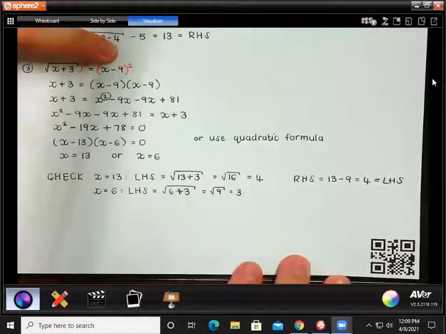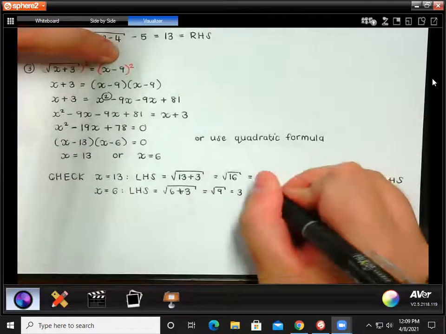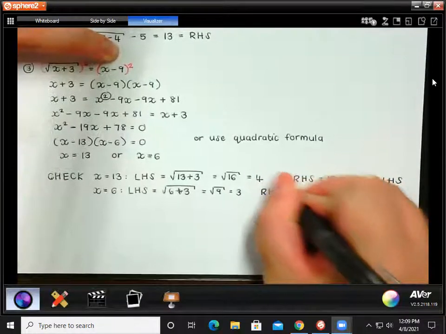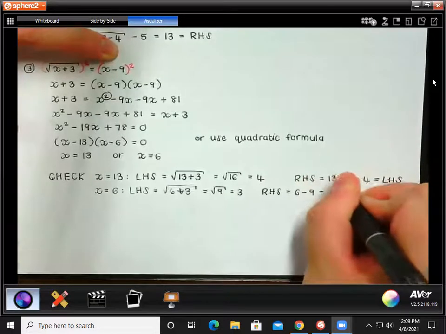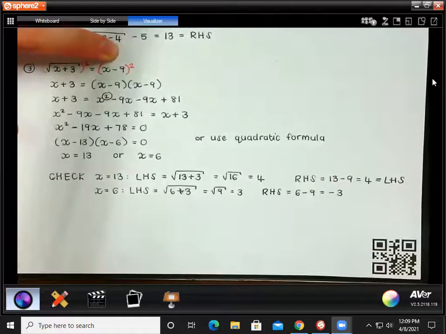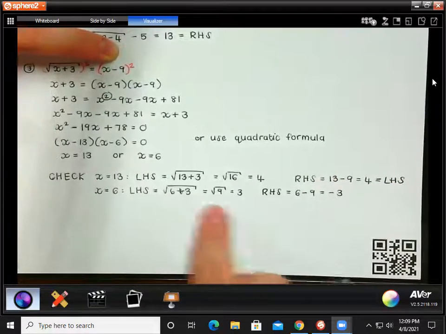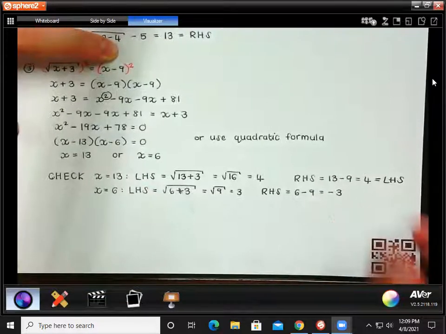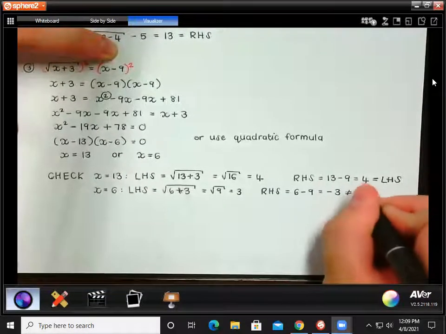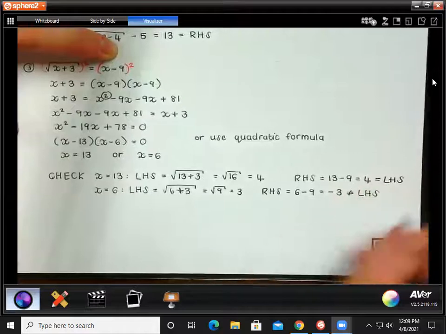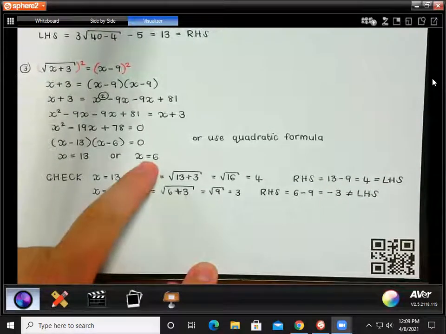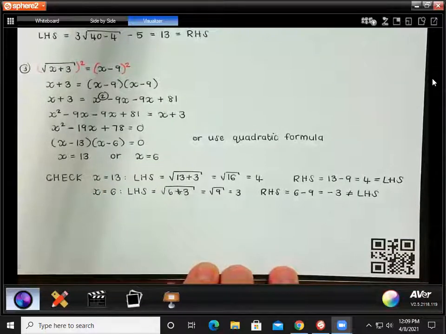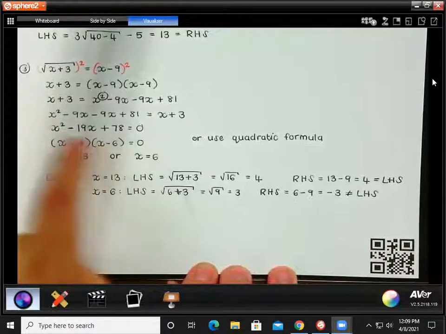Now we need to sub 6 into the right-hand side. So we're going to say RHS equals 6 minus 9, which is now negative 3. Is 3 equal to negative 3? No, hey? So this does not actually equal the left-hand side. So that means that x equals 6. It is a possible solution for this quadratic equation that we have.